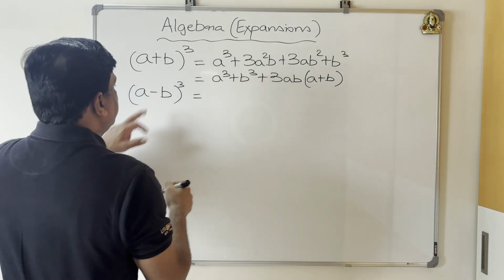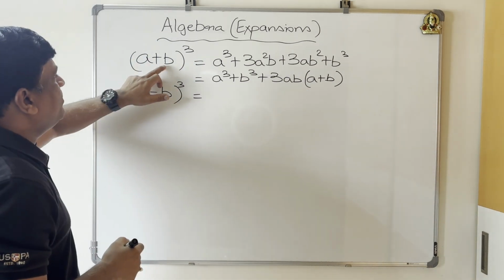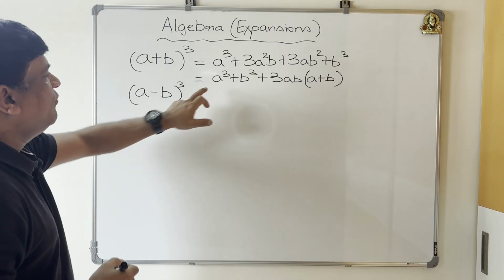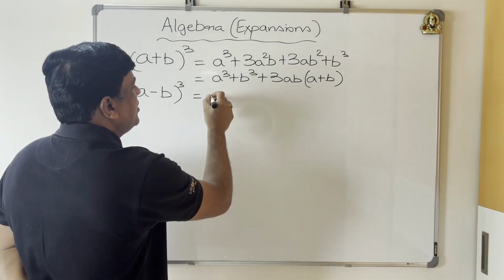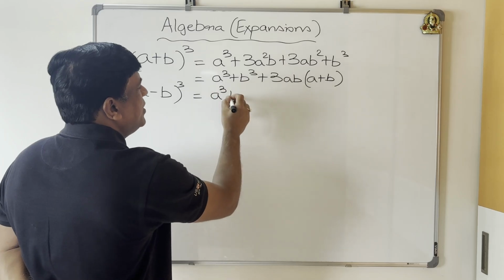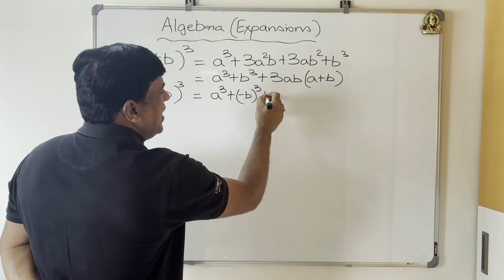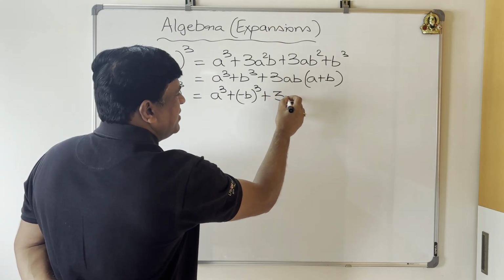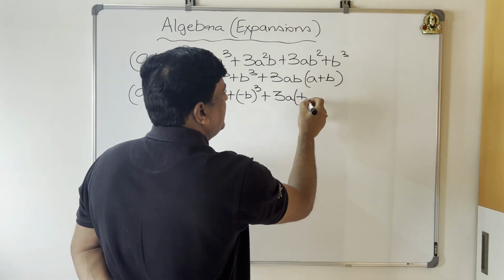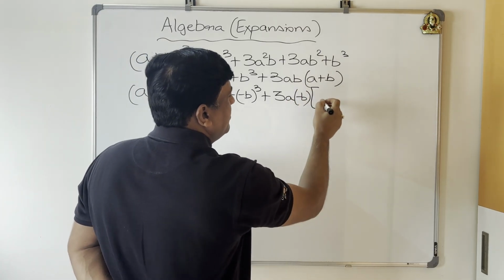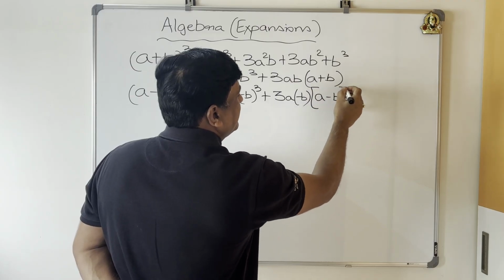Similarly, if I want to do (a - b)³, what do I get? I have to just replace b with minus b in this particular formula. The plus b becomes minus b over here. So a³ remains a³. This one will be (-b)³ plus 3 times a, which will remain a because a is positive, then you have (-b) over here, and in the bracket you have a and this plus b becomes minus b over here.